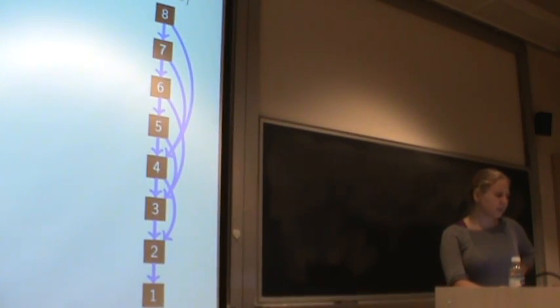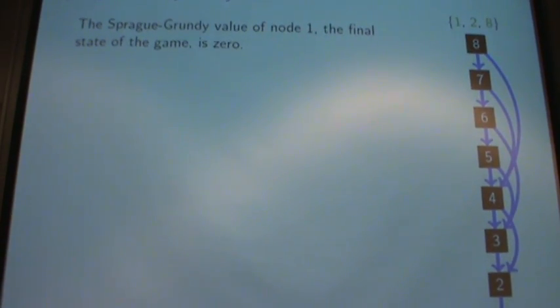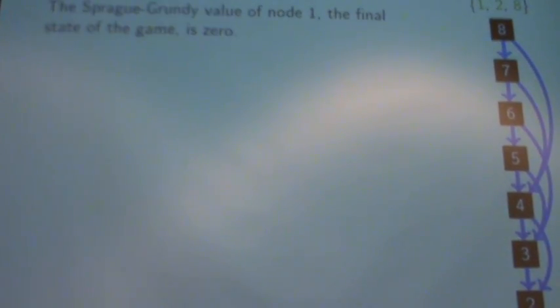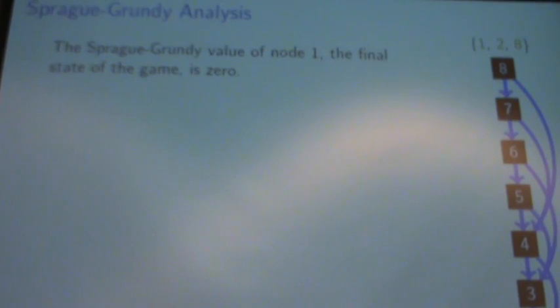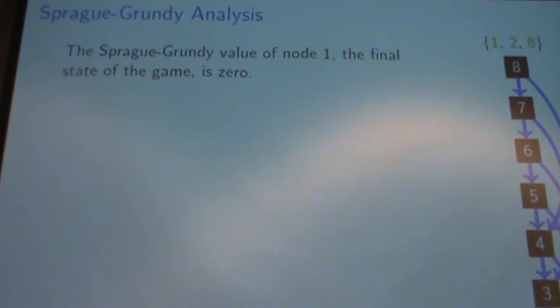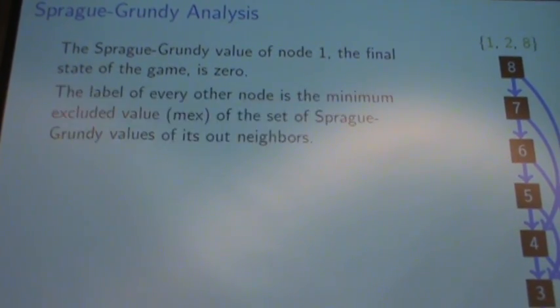So once we have this graph written down, we're going to assign each state in the game a number that's going to be its Sprague-Grundy value. We're going to start by assigning the end state value 0. From there, we can recursively define the rest of these values.